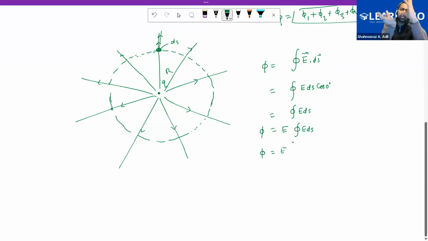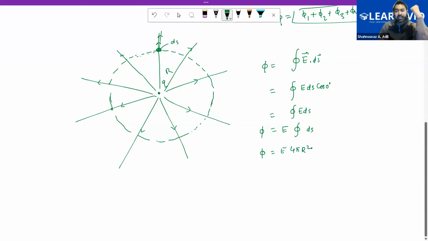If we integrate the whole surface, what would that be? The surface area of that sphere, so that would be 4 pi r square.